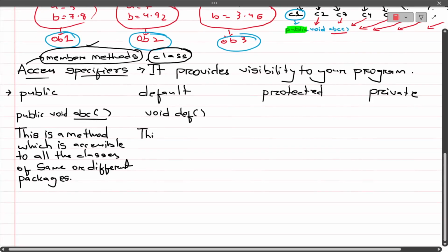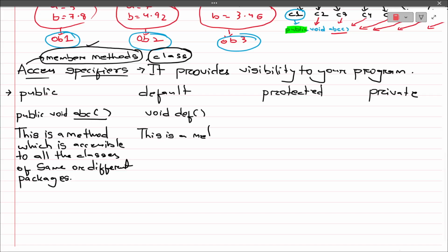So this is a method which is accessible to all the classes of the same package only.